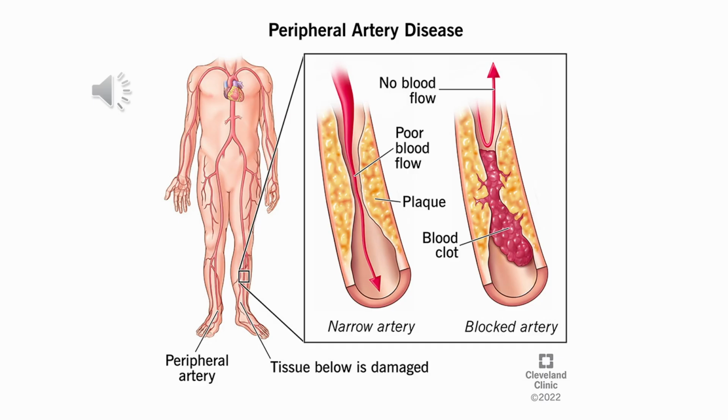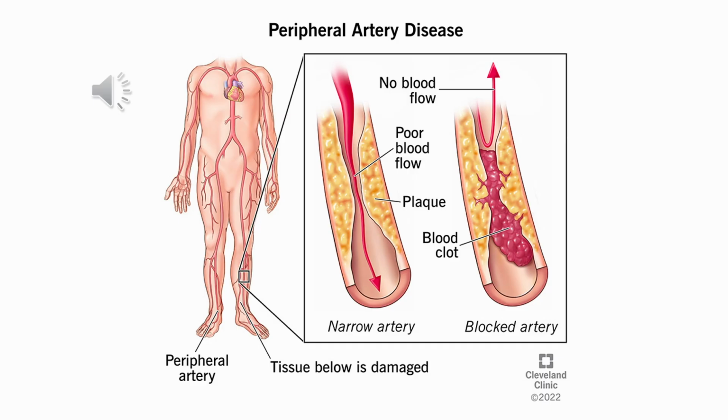In the center image, you can see poor blood flow in that narrowed artery, where tissues downstream begin to experience oxygen deprivation. The far right image shows a blocked artery with complete occlusion caused by plaque buildup and a blood clot, which stops blood flow entirely.